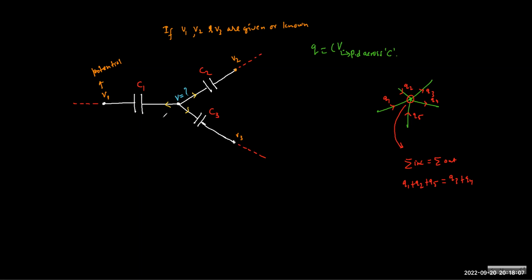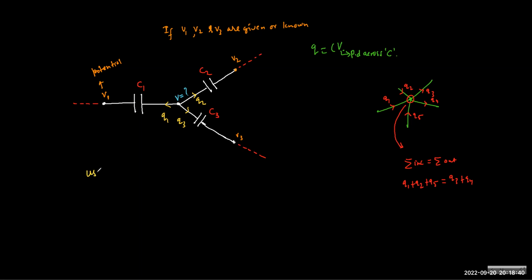So what you can write here is, I am choosing everything is going out, let's say Q1. And the way we choose the flow direction also tells us about the high and low potential. So by choosing every charge to be away from the junction V, can we say V is the highest potential? Yes. And once we decide that V is the highest potential, writing the potential difference is not a big deal.